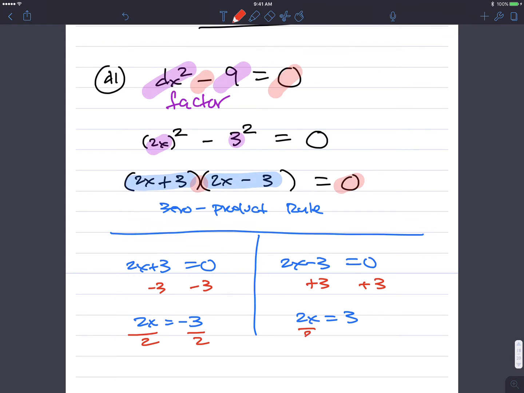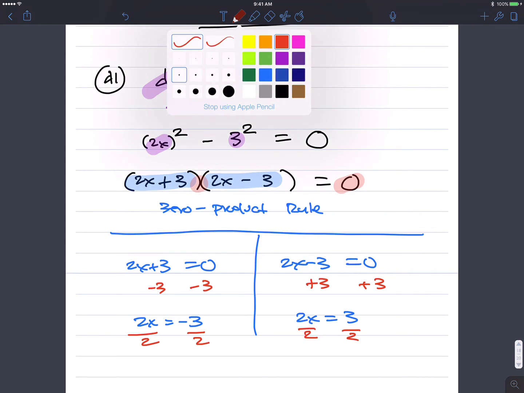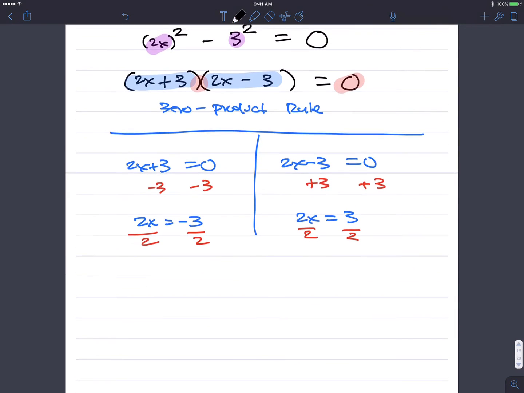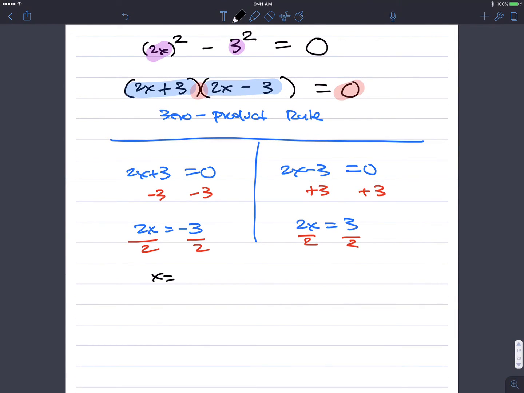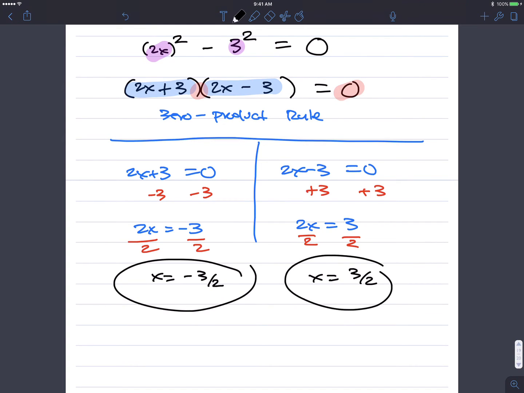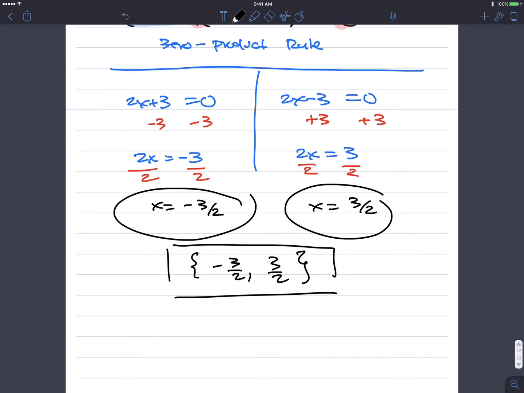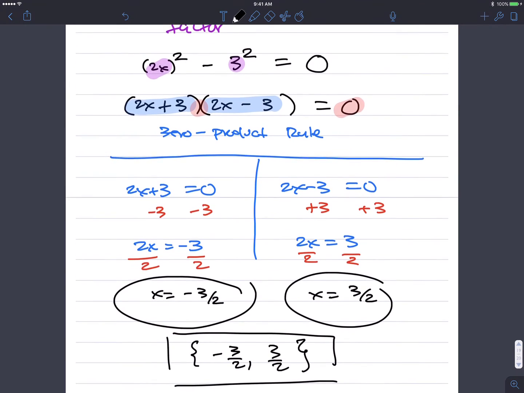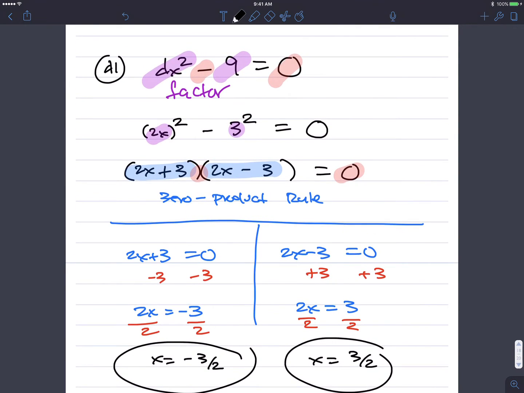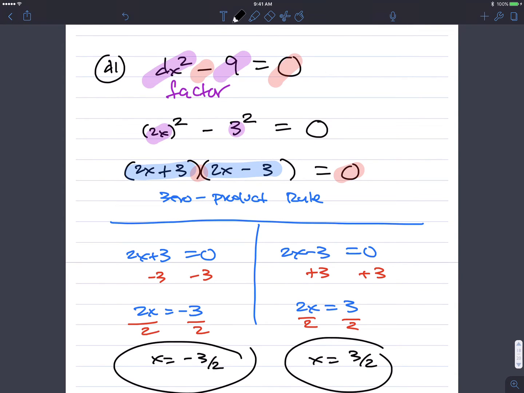Divide both sides here by 2. And what do you guys get for x? Looks like x is negative 3 halves, and you could leave your answer that way. And x is positive 3 halves. All right, so now you're going to write this as negative 3 halves, comma, positive 3 halves. And you are what? You're done. You solve by using the zero product rule. So remember, this is a special factor strategy where you have a difference of perfect squares.